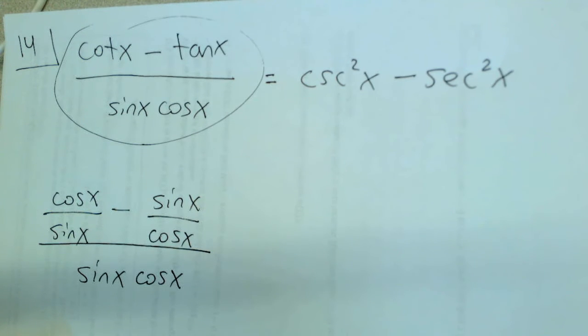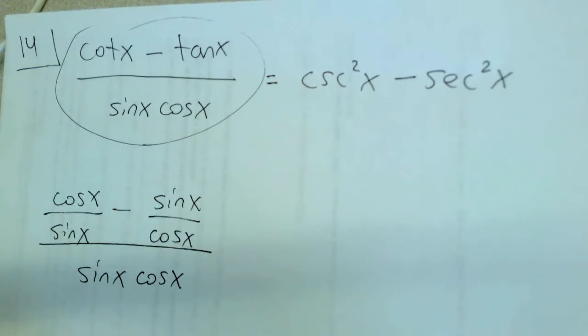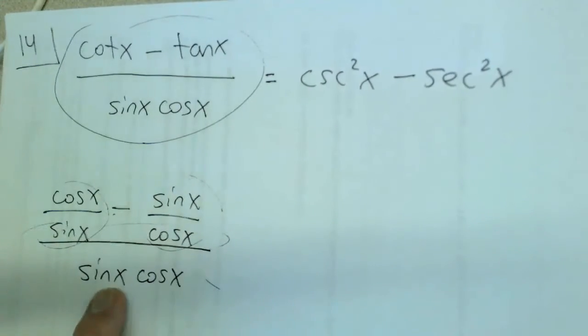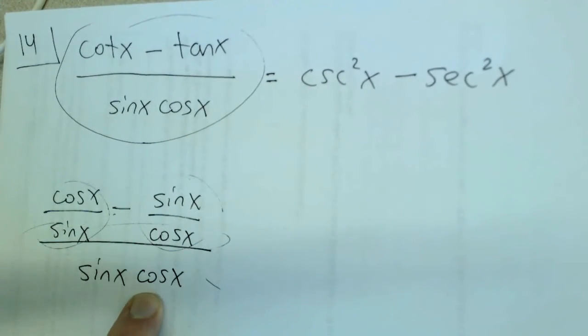Then it says split the fraction. What does that mean? It means split this larger fraction bar, right? You have one thing minus a second thing, all divided by sine x cosine x.